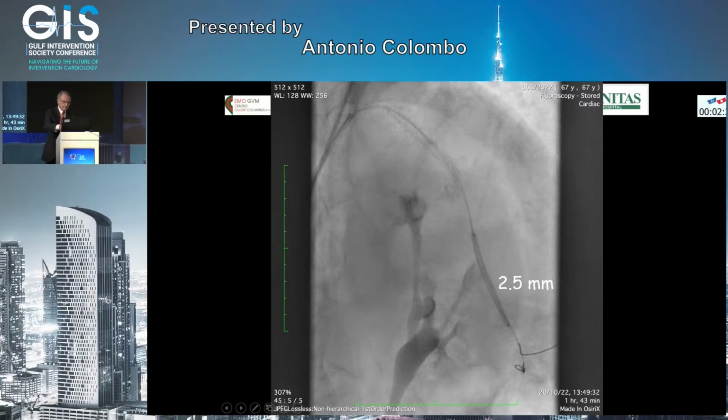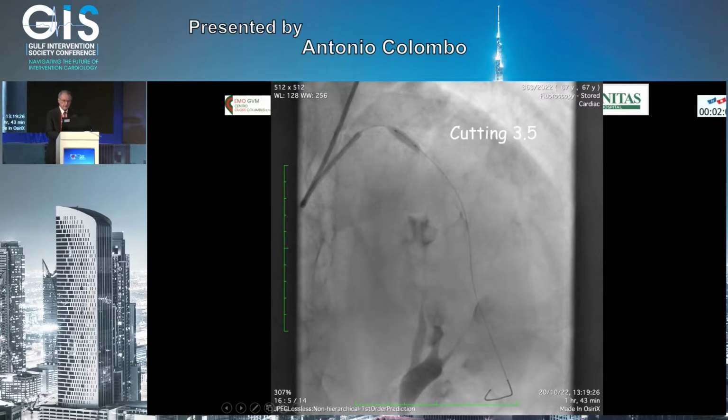We left 1 pressure wire distally to monitor the pressure, so you never detach and attach. Then we had another wire that was the workhorse wire. The distal wire was a way to see if we were doing a good predilatation and what was the residual gradient.